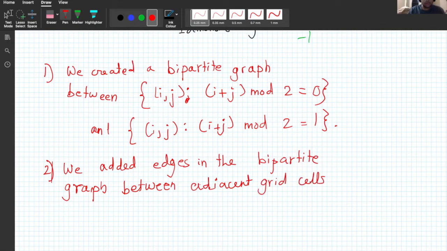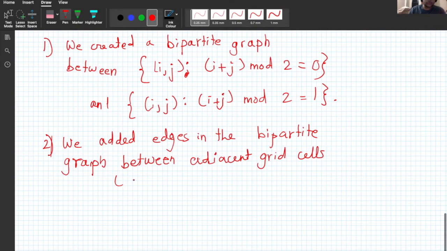If it was the row connection, which I mentioned earlier, basically they're in the same row, then the cost was left plus right.